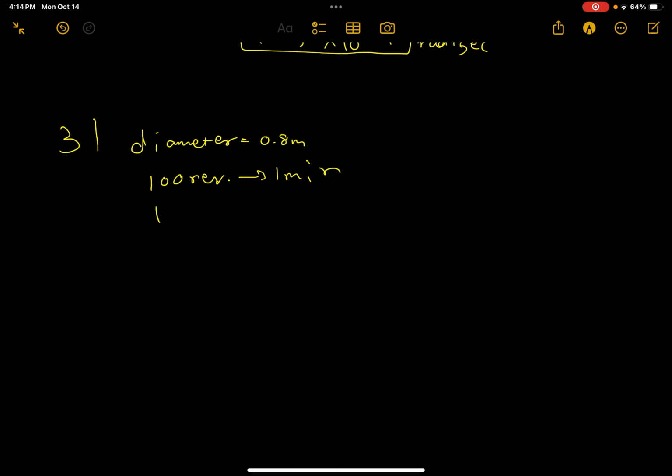We want to find its time period and its angular velocity. It doesn't want us to find the velocity, so we can just scratch the diameter because this is useless.